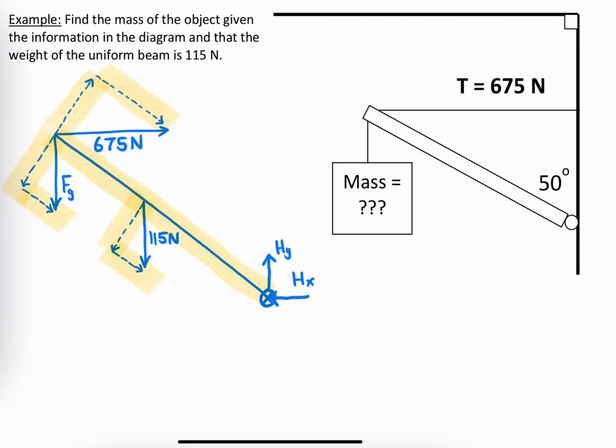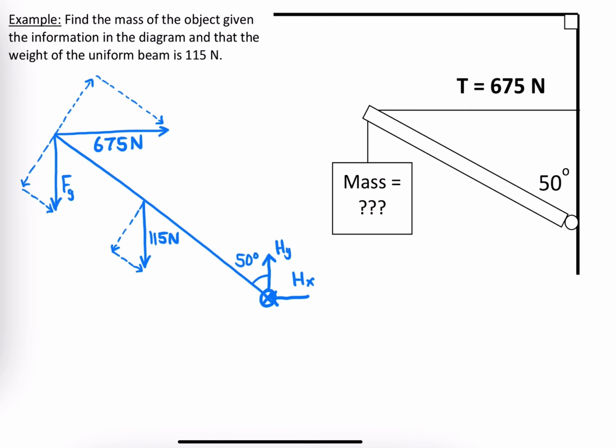You'll notice none of these components are in the X or Y directions. That's not what's important. What's important is that they're parallel and perpendicular to the distance from the pivot. So let's see if we can say what some of these forces are. Okay, so we know this angle here is 50 degrees.